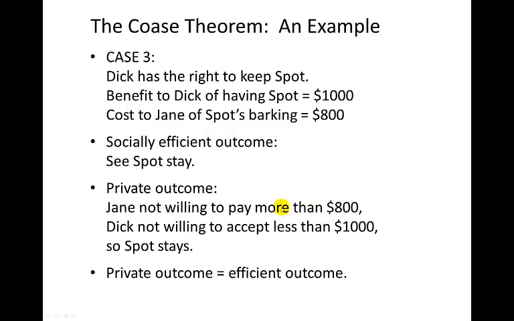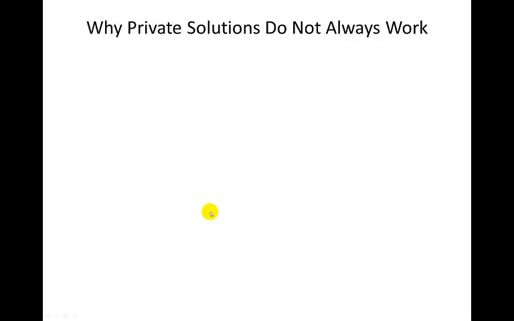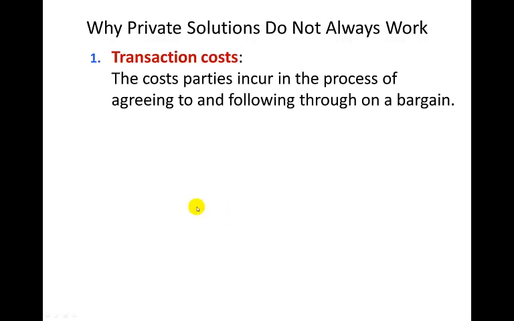All right, this is all well and good, but the Coase theorem, while a very powerful idea, doesn't usually work in practice. Here's why. The first thing is transaction costs. It's almost never the case that parties can costlessly bargain, so there are some transaction costs to people bargaining over an externality.